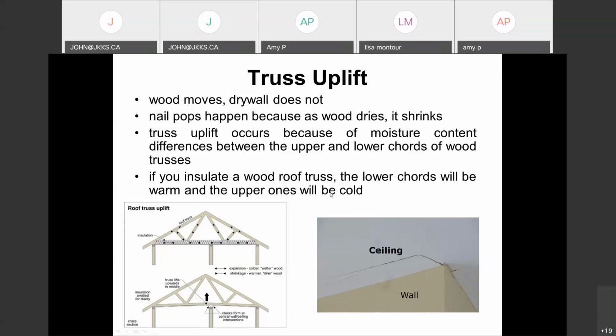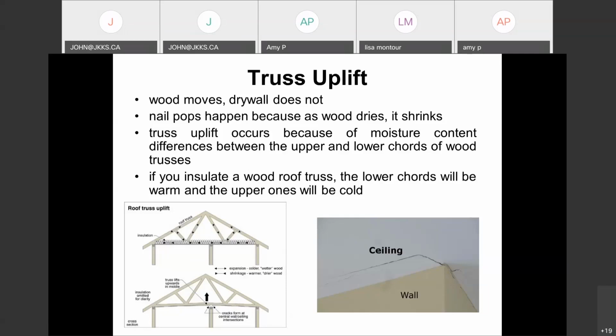So a crack forms at the center wall-ceiling intersection, and that's what we see in this photograph. Truss uplift occurs when the top chord of the truss expands while the bottom chord contracts due to this change in humidity and temperature difference, thus causing the cracking.